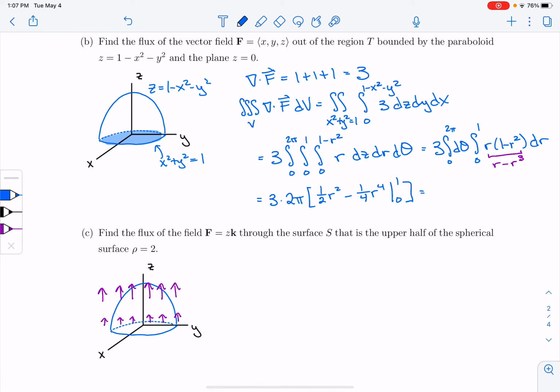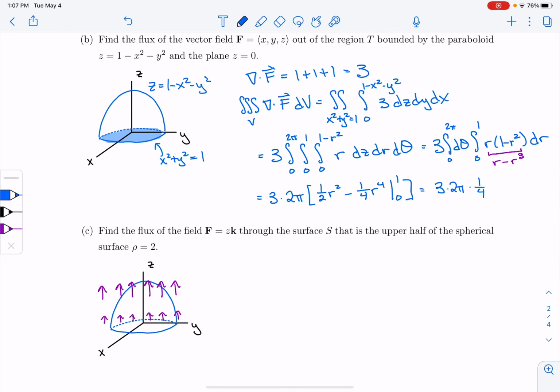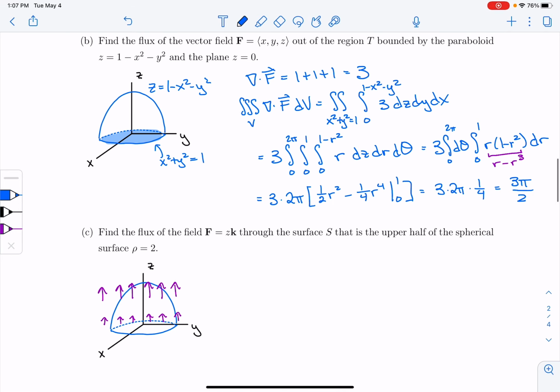So this ends up being 3 times 2 pi times 1/2 minus 1/4, so that's 1/4. And so this will end up being 3 pi over 2, which is what we got when we did 2 surface integrals in order to calculate the flux through the paraboloid, which is the upper surface, and then the unit circle, which formed the lower part of the surface.